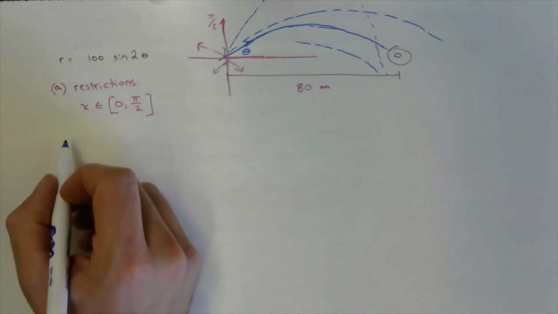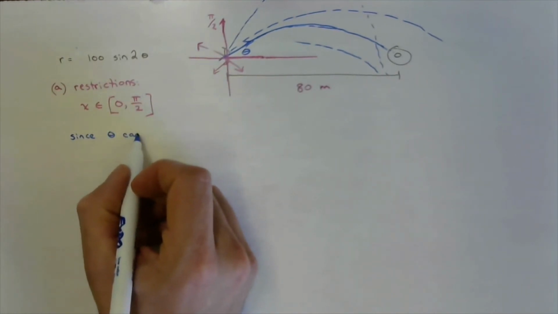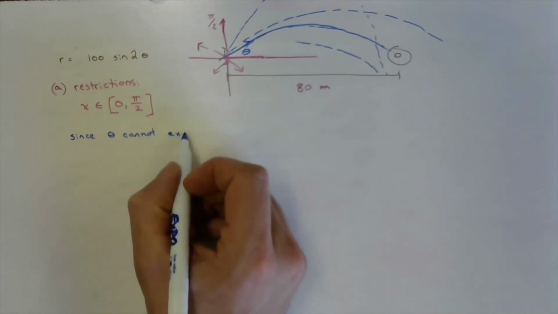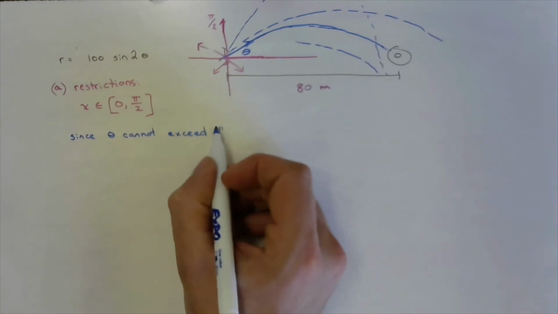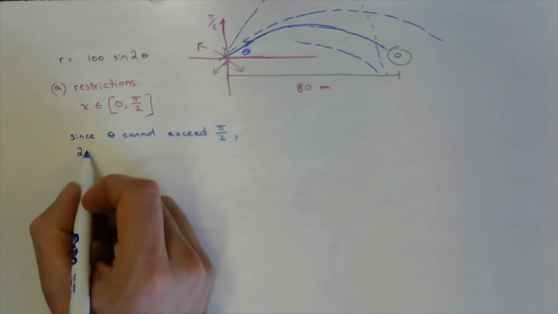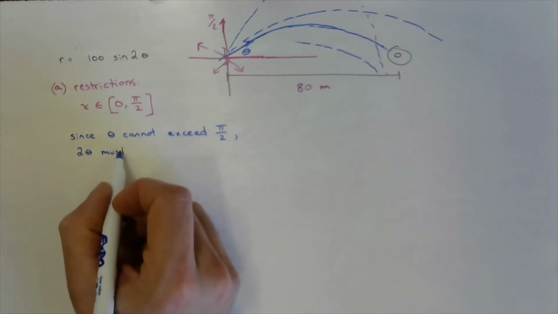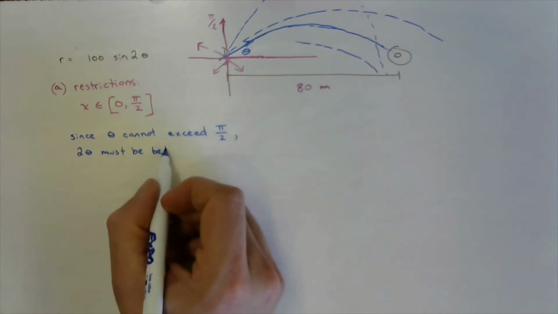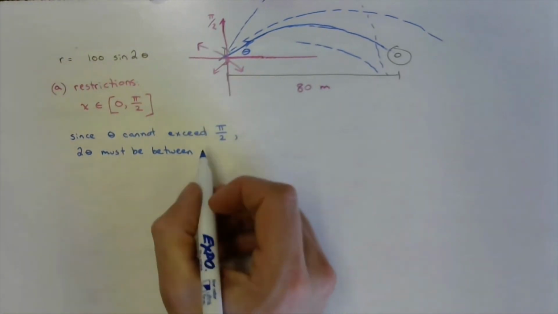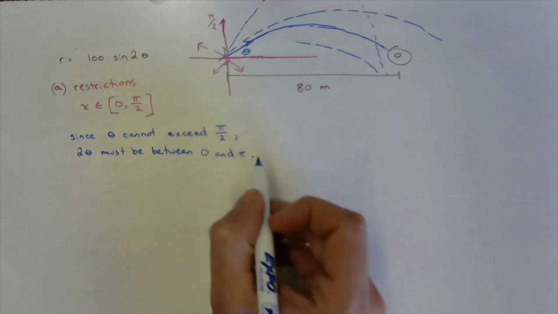Since theta cannot exceed pi over 2, 2 times theta must be between 0 and pi.